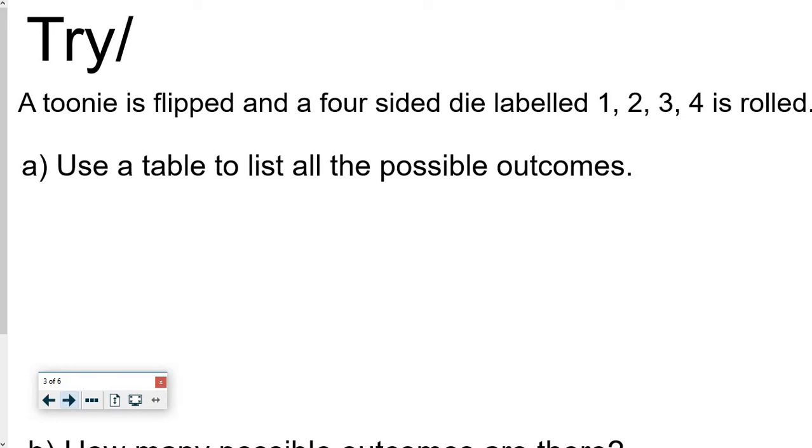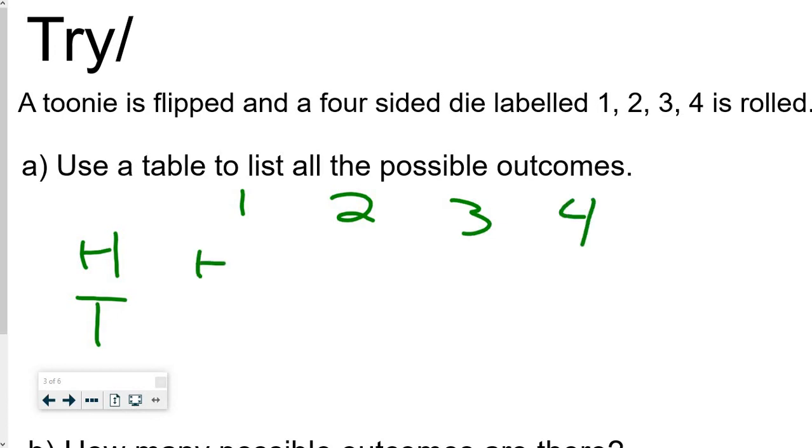So at home, a toonie is flipped and a 4-sided die labeled 1, 2, 3, 4 is rolled. Use a table to list all the possible outcomes. Please try this at home. Well, I'll do it here. Heads 1, heads 2, heads 3, heads 4.